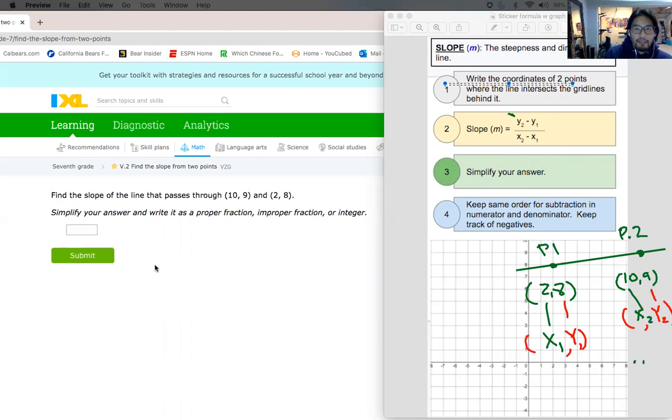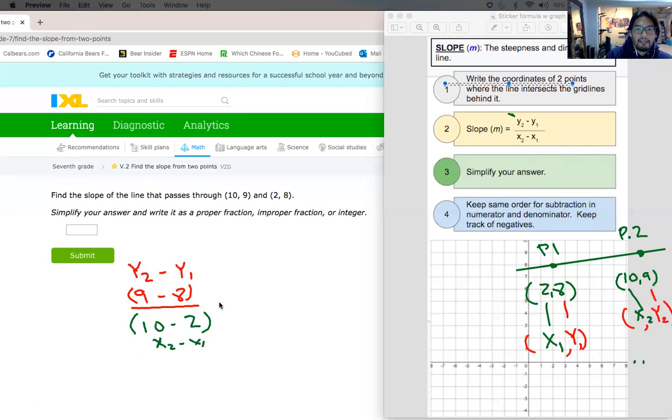I can use my slope formula. So first, I'm going to subtract my y-coordinates. So y2 minus y1. And for me, y2 is 9 and y1 is 8. And then I'm going to divide that by the x-coordinate of point 2, which is 10, minus the x-coordinate of point 1, x2 minus x1.